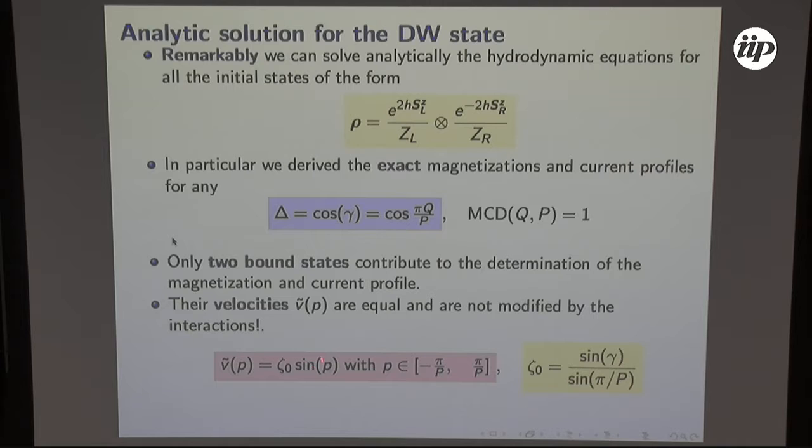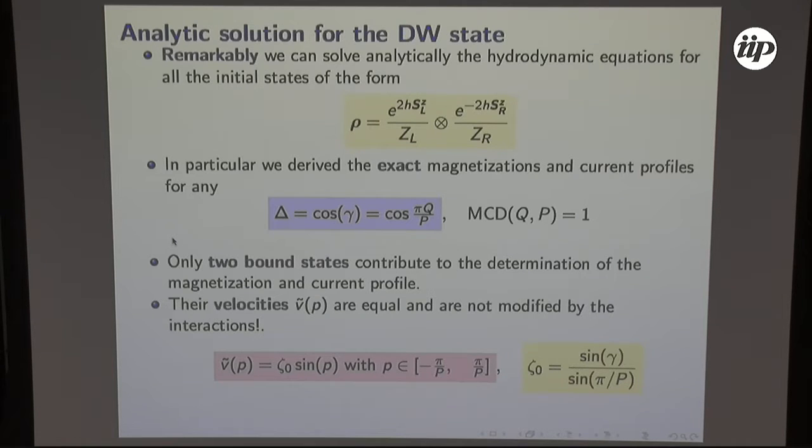So the allowed momenta for the part of the bound state which contributes only live in this interval now, minus pi over capital P and pi over capital P, where P is related to delta in this way. So essentially you are reducing the band for the fermions.